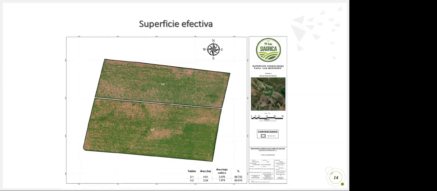Really, we need this kind of technology for our managers, like a business, and say, well, if I see 100 hectares, I only harvest 80 hectares because we have problems with the floods, with the weeds, etc. Next.